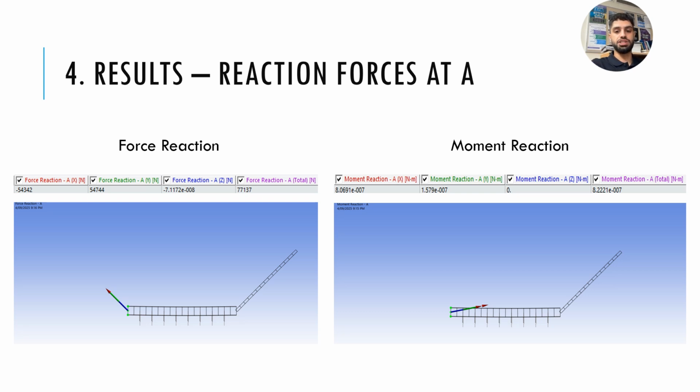So for reaction forces, we have overall 77,137 newtons for reaction at hinge A, and the moment is about 8 times 10 to the negative 7 Newton meters.